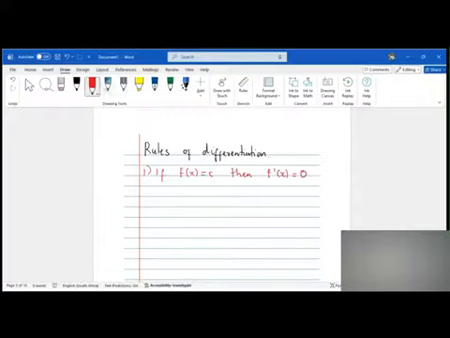I'll say proof. I'm going to use the first principle. The instantaneous rate of change of this function is nothing but the limit of f of x plus h minus f of x, all over h. That's what we want to look into.